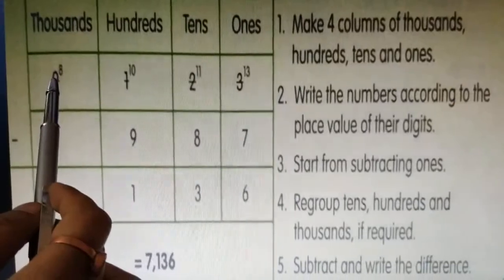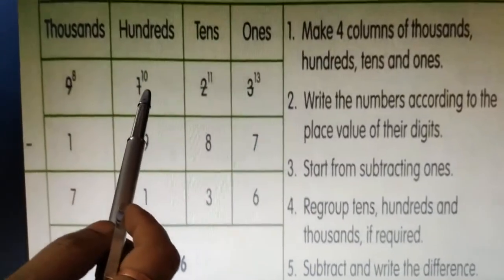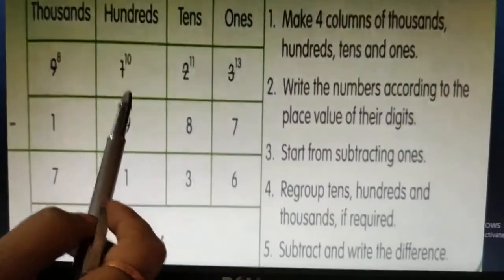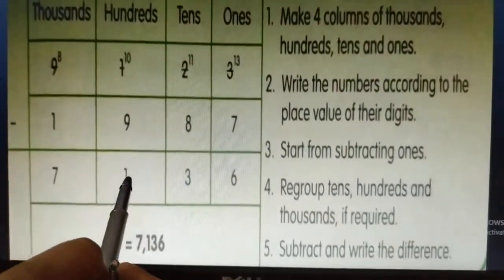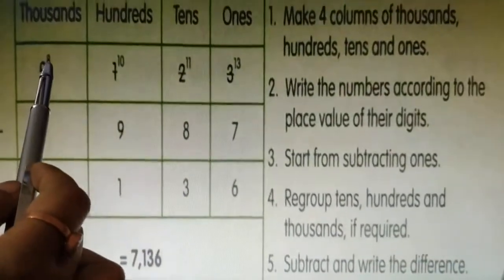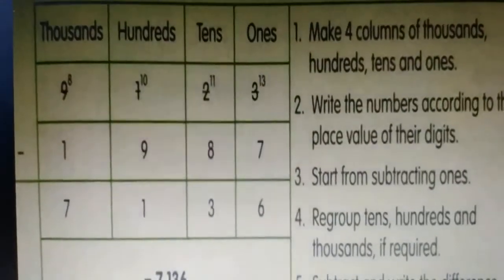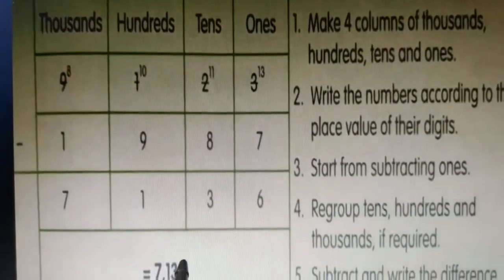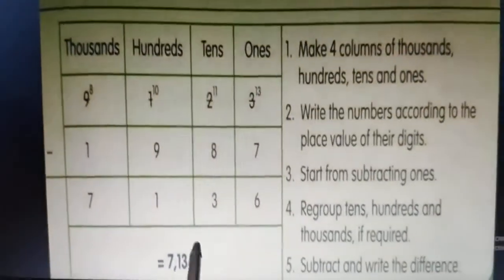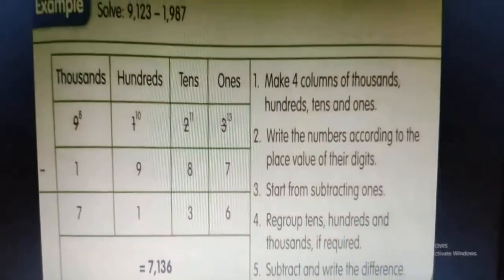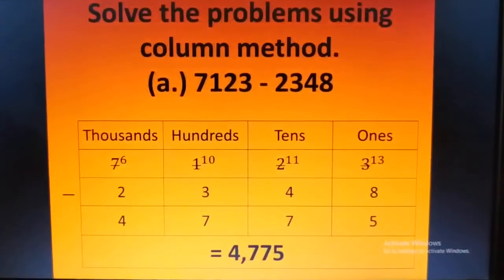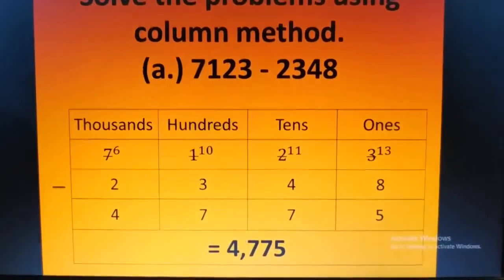So there will be 10. 10 minus 9 is equal to 1, and there is 8. 8 minus 1 is 7. So our answer is 7136.